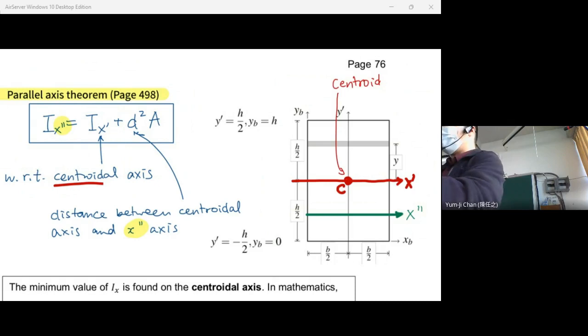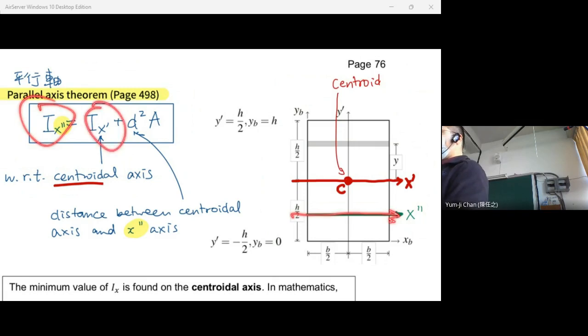What is parallel in Chinese? 平行. So for x double prime, for any axis x double prime, it is equal to Ix prime plus d squared times A. So d is the distance between the centroidal axis and the axis you are looking for, the axis you are calculating.